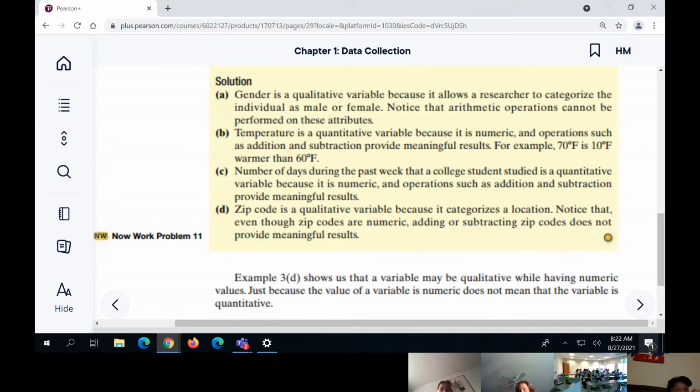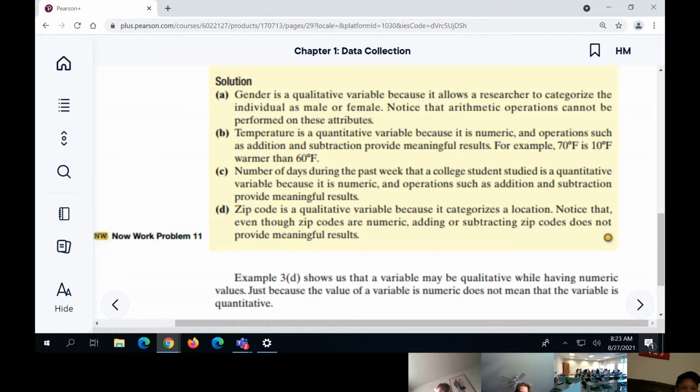I will tell you this. There are 3 things that tests will use to try to trick you. And those 3 things are this: zip code, social security number, and area code. What are all 3 of those? Qualitative. Thank you.